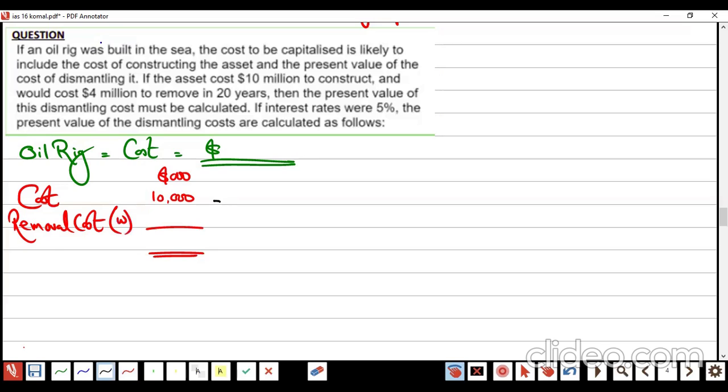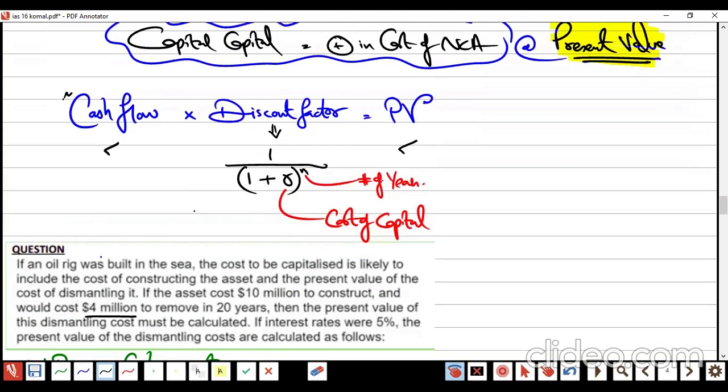The working is how much you will pay, the cash flow. Here you have the formula: cash flow, dismantling, discount factor, present value, right?